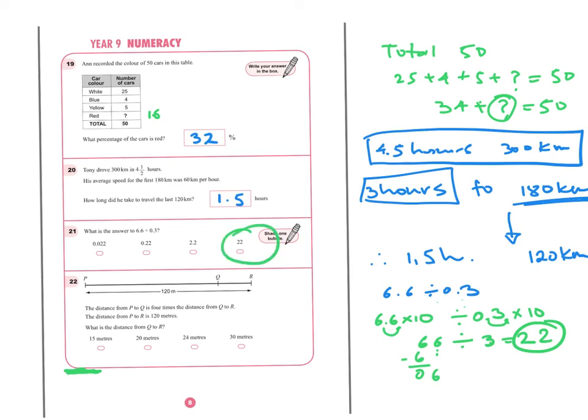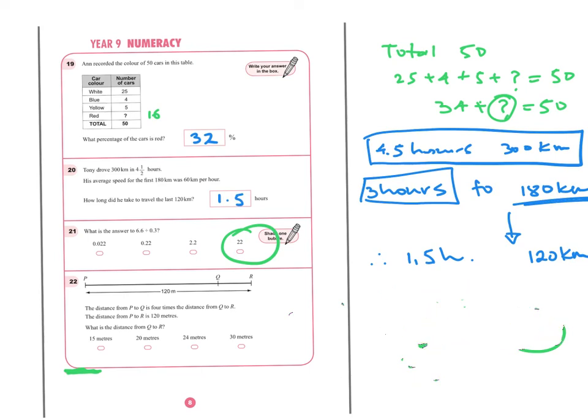Question 22 now. The distance from P to Q is 4 times the distance from Q to R. The distance from P to R is 100 meters. What is the distance from Q to R? So what I'm gonna do here is again erase this part here. So let's have a look. What did they say?